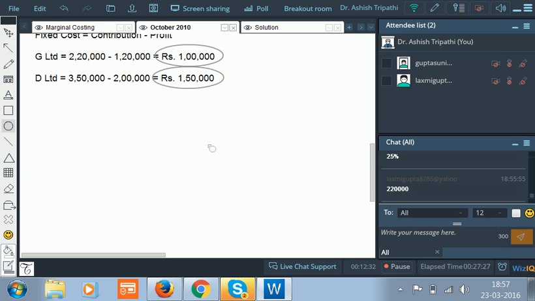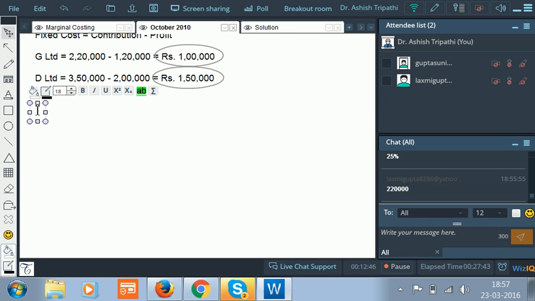Now let us try to calculate the third part. The third part क्या पूछा है? Third part में break even point of both companies.